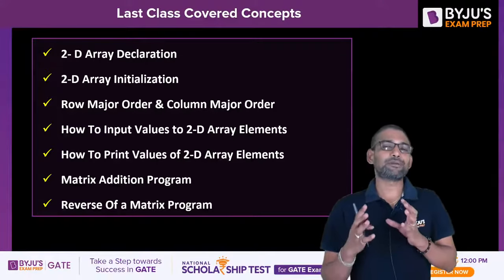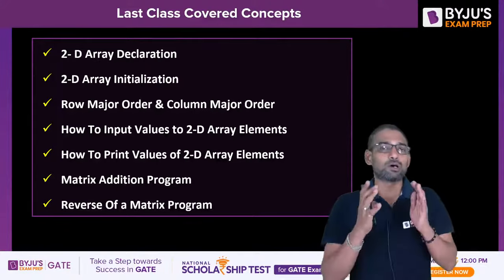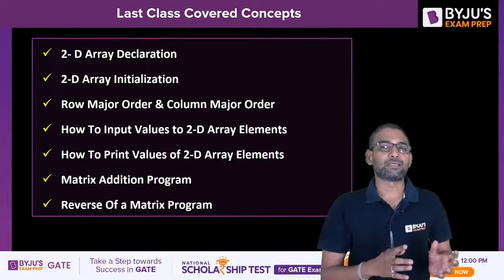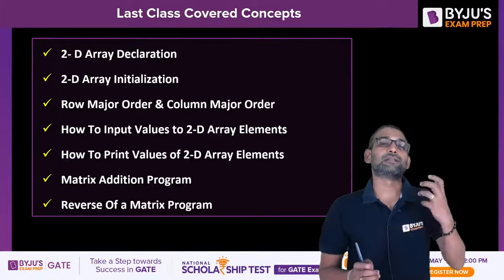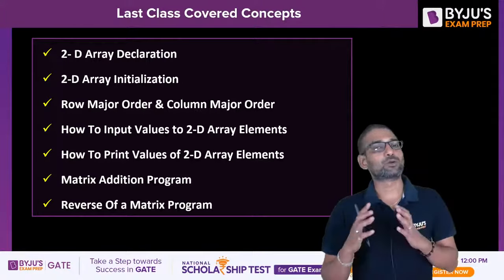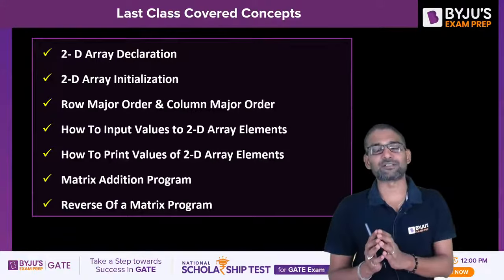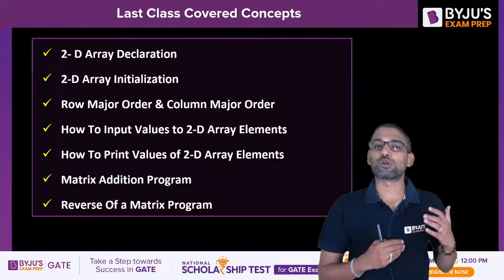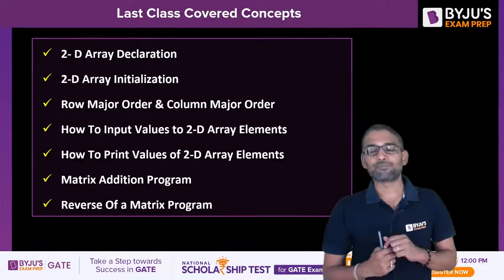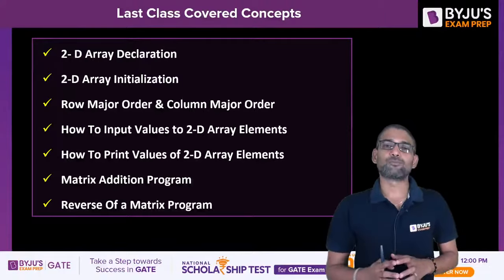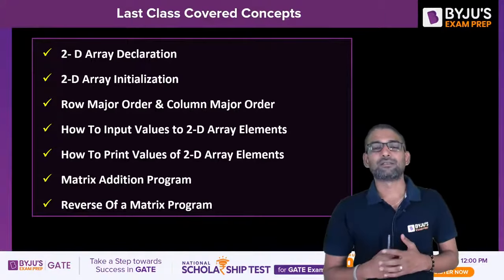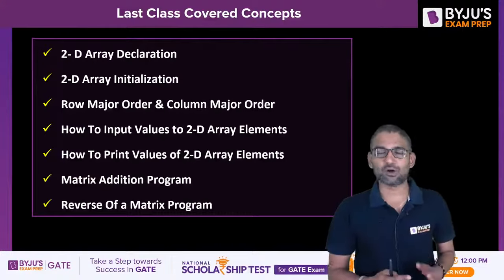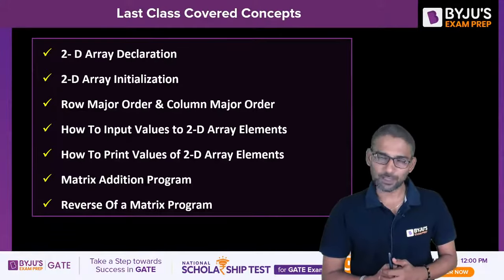Then I gave the pseudocode or algorithm to find and print the matrix addition and the reverse of the given matrix. The coding part I left for your practice. I believe you have tried it and did it successfully. If not yet, please do it once you are free, and if you face any difficulty, don't hesitate to post it in the chat box or in the Telegram group.